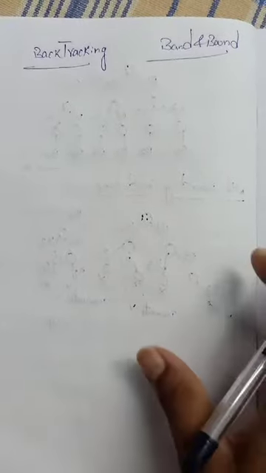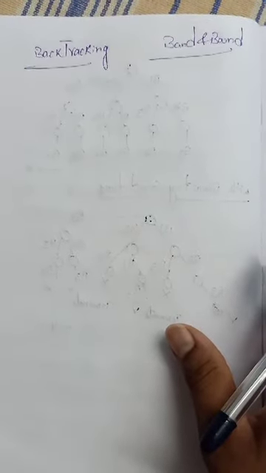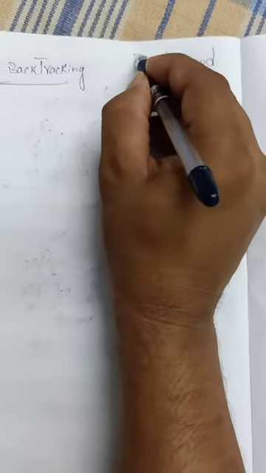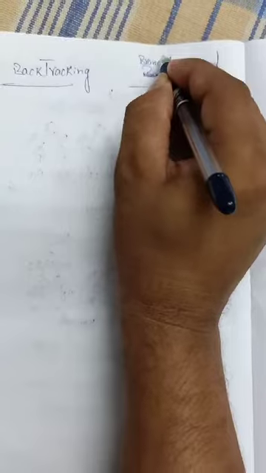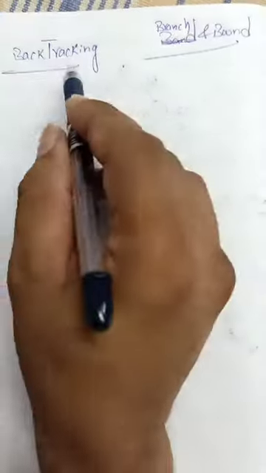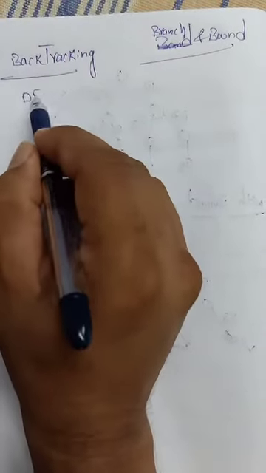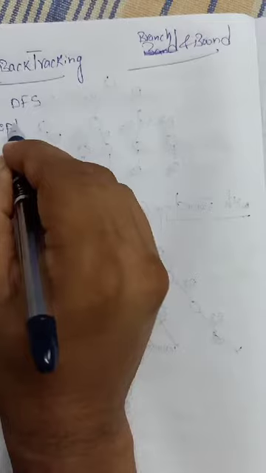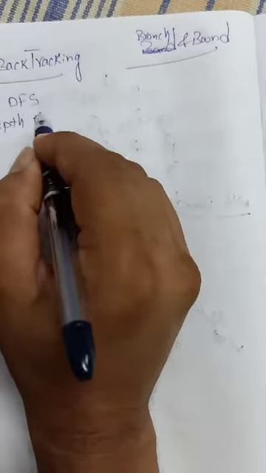Right. Then what is the difference between backtracking and branch and bound? In backtracking we are using the technique called depth first search, DFS.